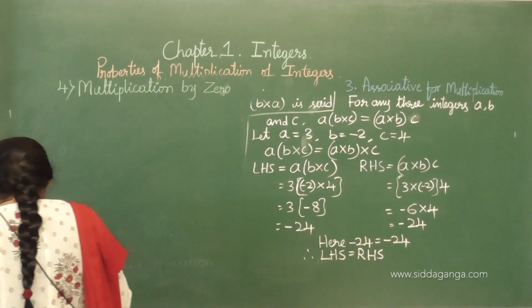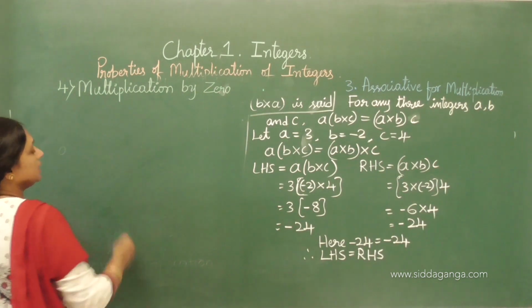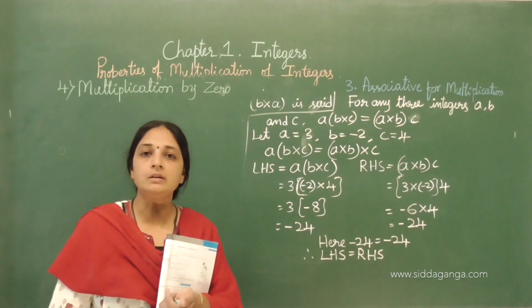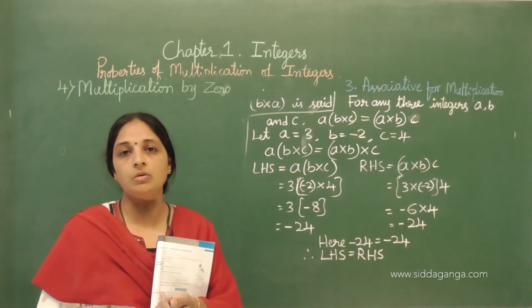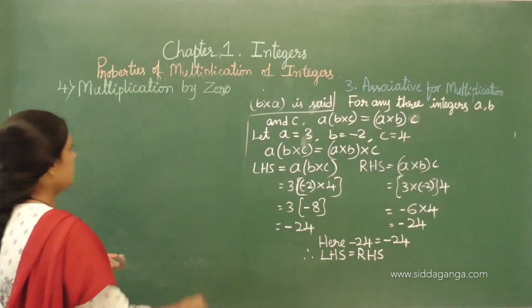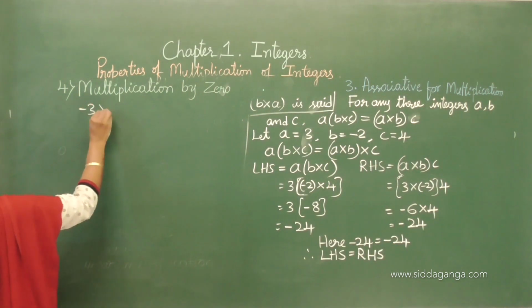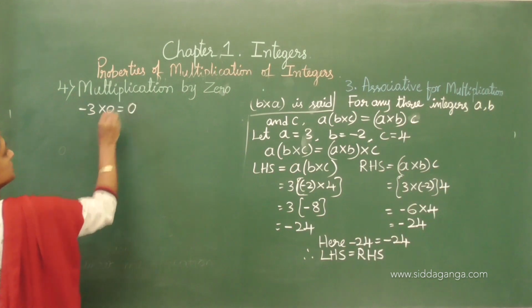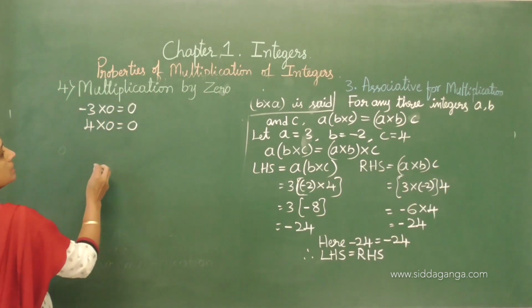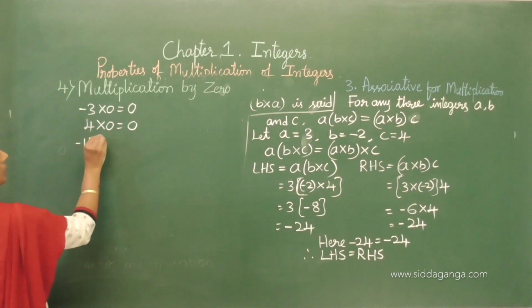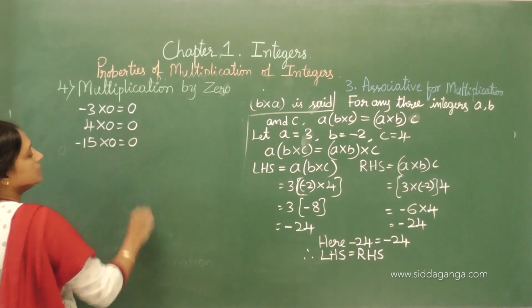Okay. When we multiply any integer by 0, what do we get? When we multiply by 0, we get 0 only. Consider minus 3 into 0, we get 0. 4 into 0, we get 0. Minus 15 into 0, we get 0 only.